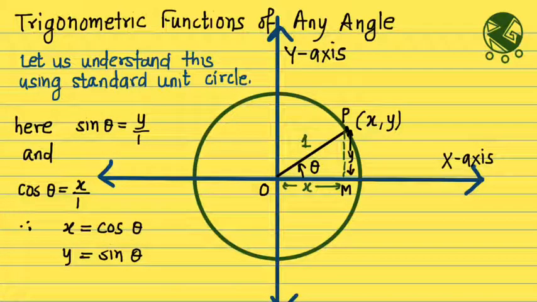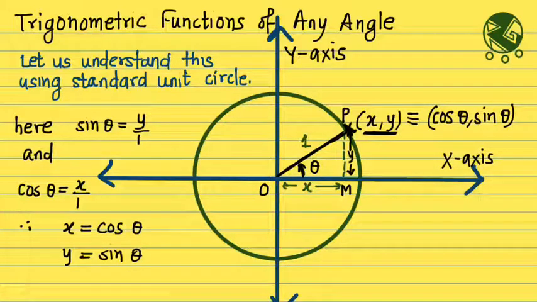So on this unit circle, if I take any line starting from the origin to any point on the circle, and this line is making angle theta, then the coordinates of this point are going to be cos theta and sine theta.